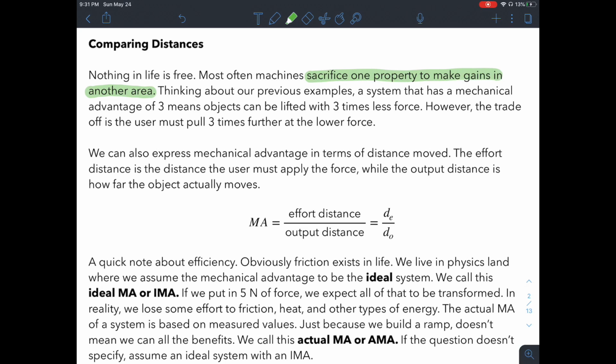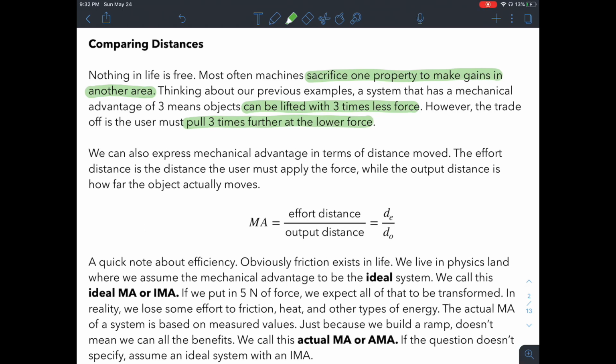So the last example we did had a mechanical advantage of 3, which means we can lift objects with 3 times less force. But the trade-off is that we have to actually pull 3 times further at that lower force. If you want to lift that mass up 1 meter, we don't have to pull 1 meter at 1,400 newtons.